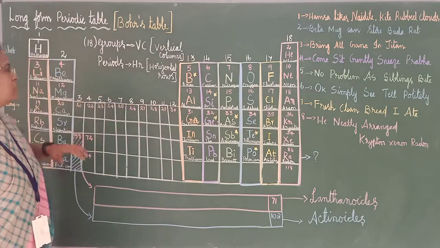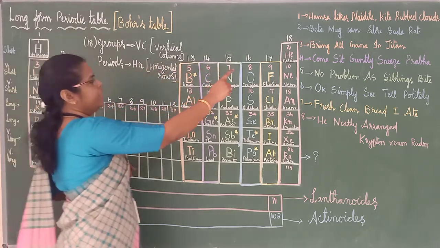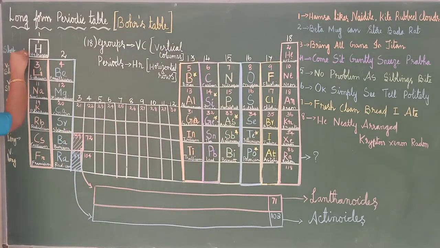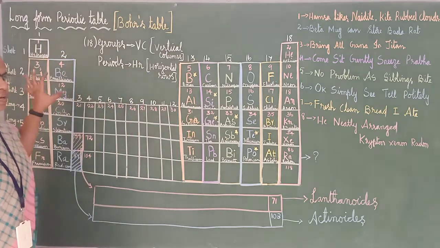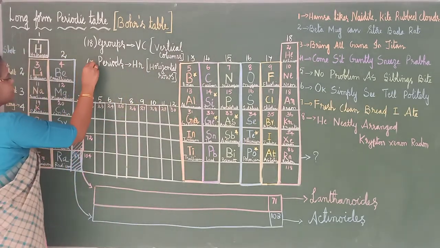Shall we name one by one? Hydrogen and helium is the first row. So first period, second period, third period, fourth period, fifth period, sixth period, and seventh period. Horizontal rows are called what? Periods. How many periods? 7.